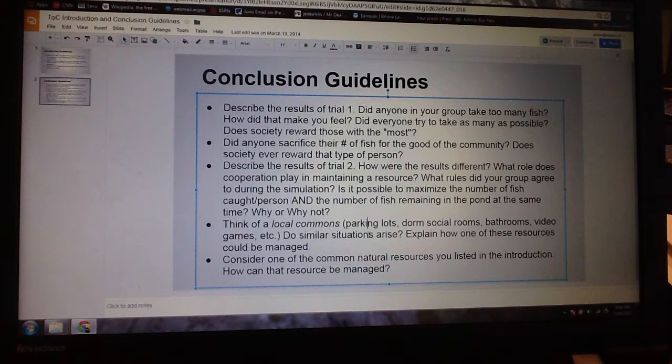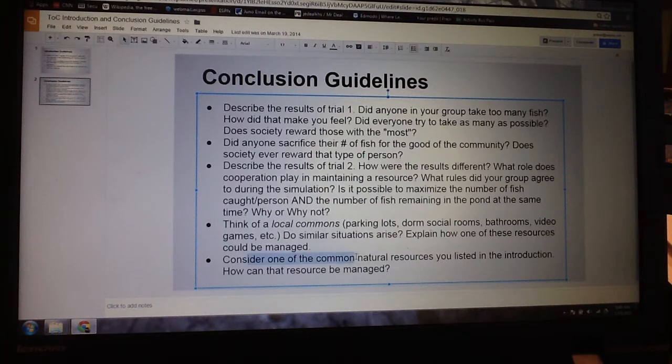Be sure to give that example, and then also give an example of a management plan that everybody could agree on that would keep these resources from being degraded. Give an example of how it could be degraded by overuse, how its quality could suffer, and then give an example of a management policy that could keep that from happening, just like we did in our lab.